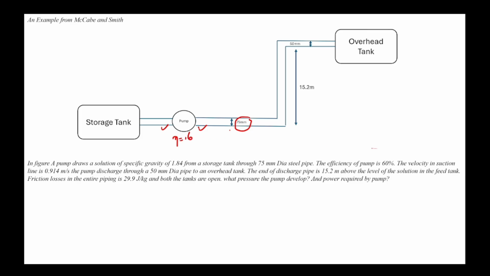Velocity in the suction line, that means here, is 0.914. The pump draws through a 50 mm diameter pipe to an overhead tank. The diameter of the discharge pipe is 50 mm. So the velocity will change according to A1 V1 is equal to A2 V2. This will become D1 square V1 is equal to D2 square V2.